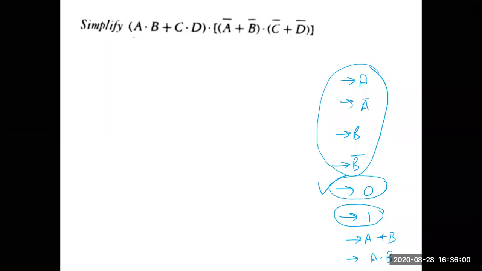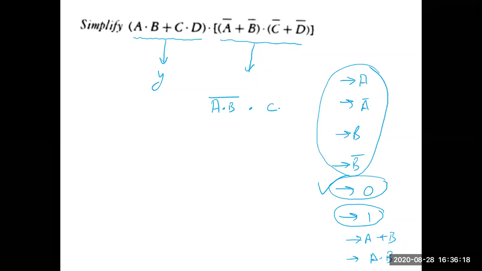If I take this expression as Y, I can analyze that this is A dot B bar dot C dot D bar, and if I convert, this is A dot B plus C dot D whole bar.